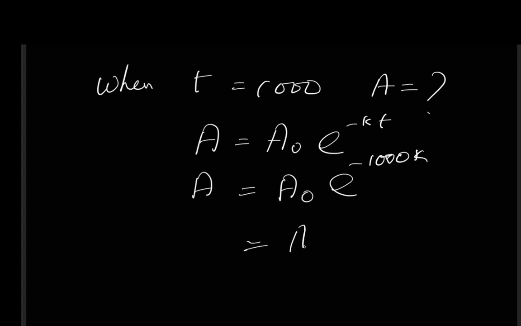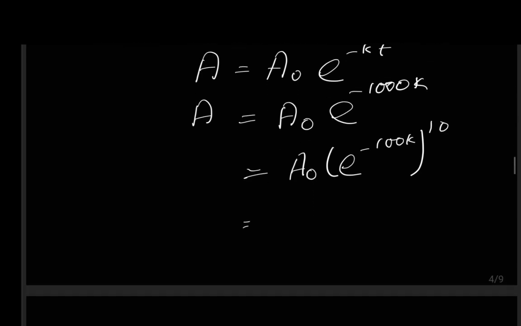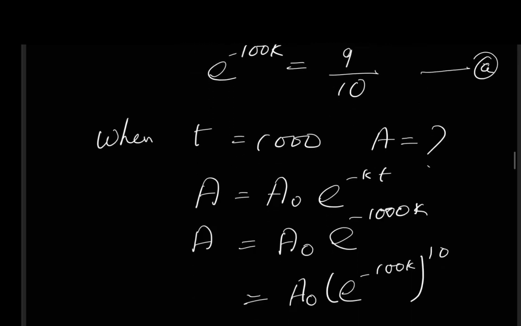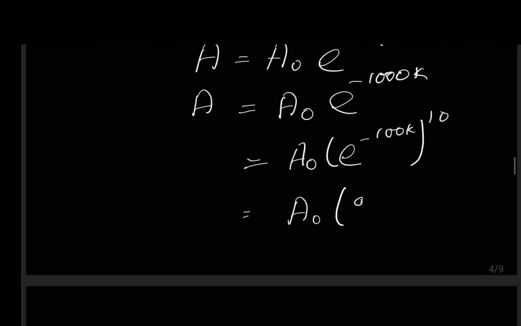So A0 e power minus 100K whole power 10, because we know e power minus 100K is 9 by 10. That is equal to A0 times 9 by 10 whole power 10.